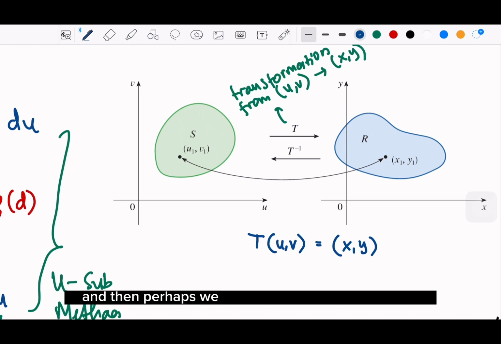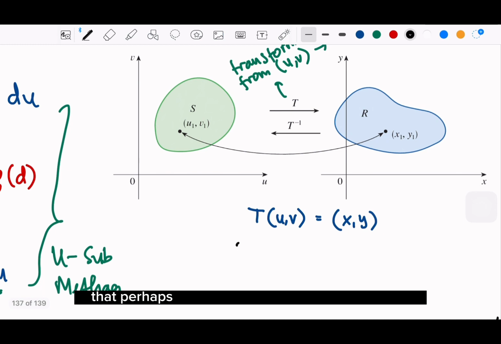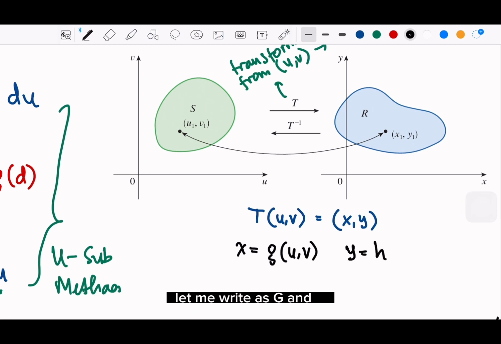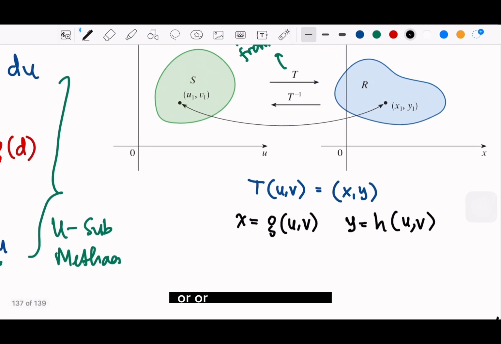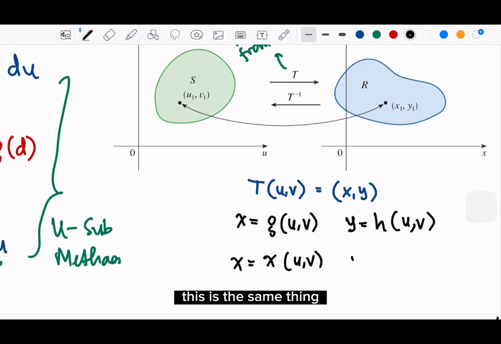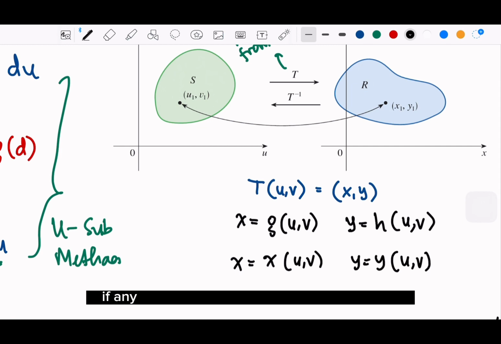And then perhaps we can relate X and Y with U and V. Then perhaps X is a function of UV, and Y is also the same. Let me write them as G and H. Or we can also write this, which is the same thing. In any written formulation, this will be the same. Either you choose the one on the top or the bottom one, that will be the same.